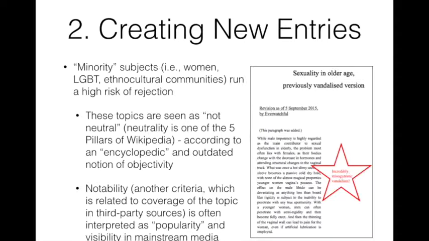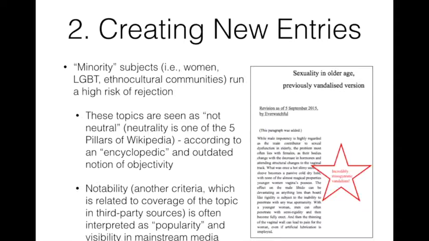And the other thing is notability, which means if your topic is notable outside of small group interests, and this is related to the number and the quality of references that you can find on your topic.